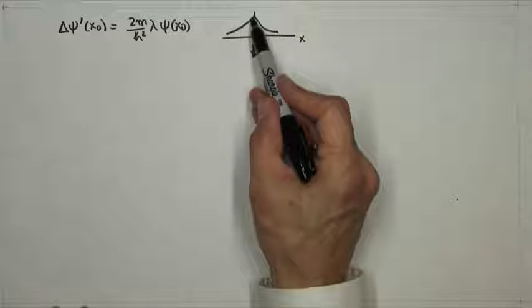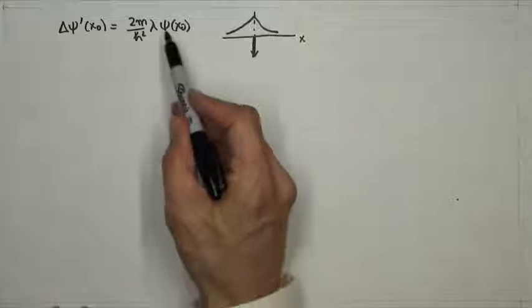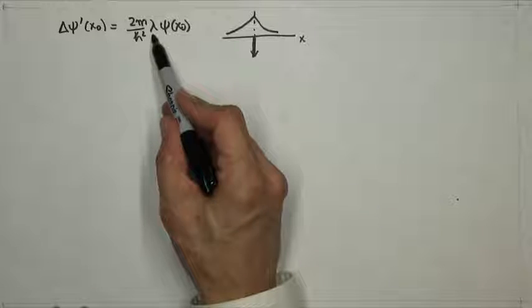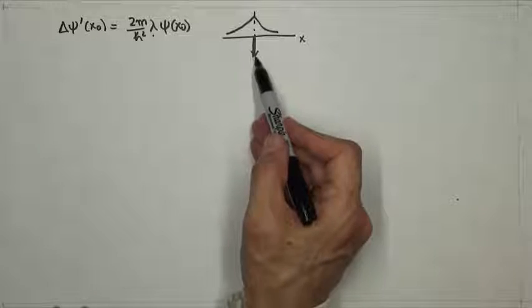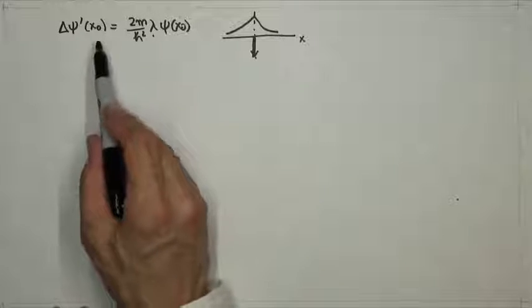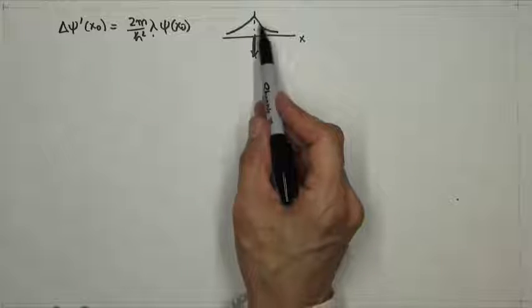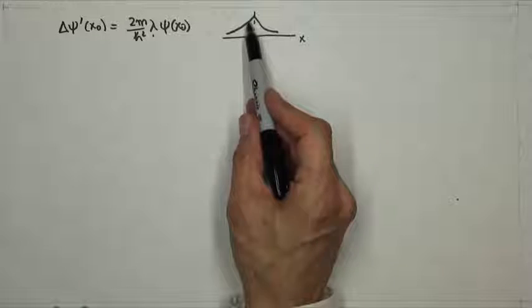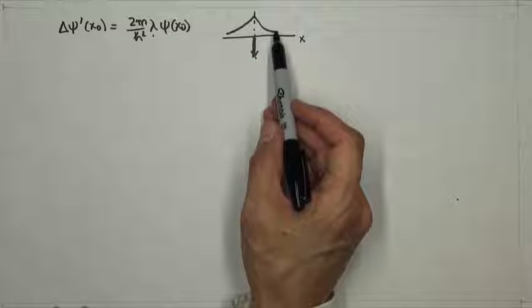Well, we have the wave function that is positive at this point, and lambda that is negative because it's an attractive delta function. So the right-hand side is negative. So it means that the slope a little after the singularity minus the slope a little before the singularity should be negative.